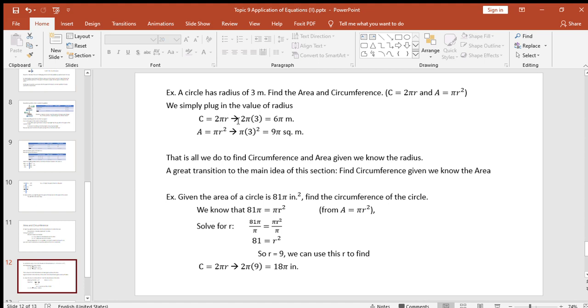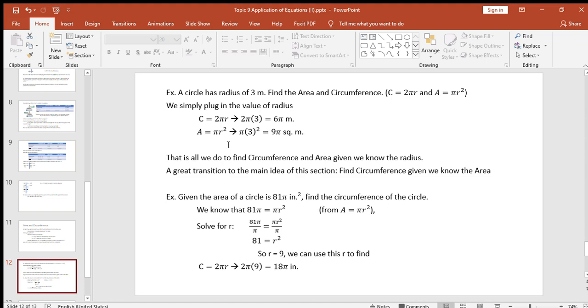It's going to change to 2 pi times 3. Then we multiply the numbers. 2 times 3 is 6. And we're just going to keep pi as is. So it's going to be 6 pi meters. That's all you do. No need to multiply 3.14. Just leave pi alone.